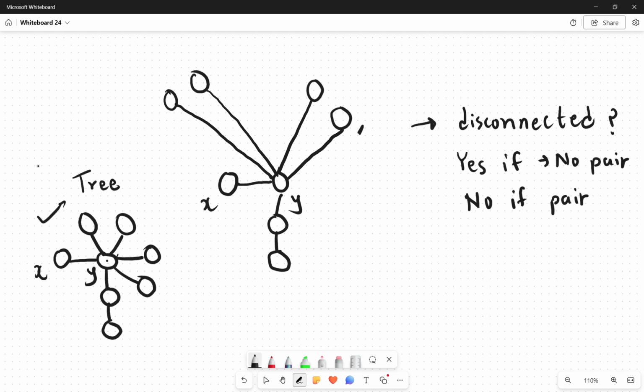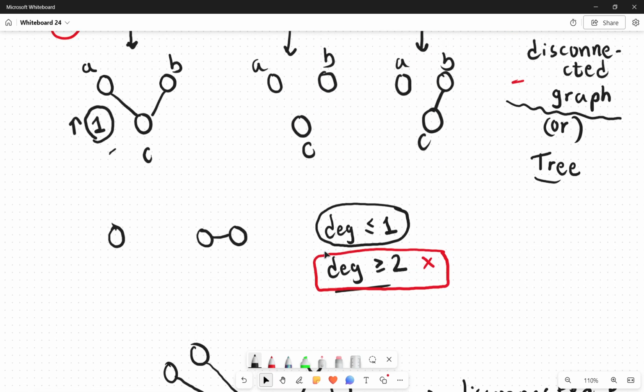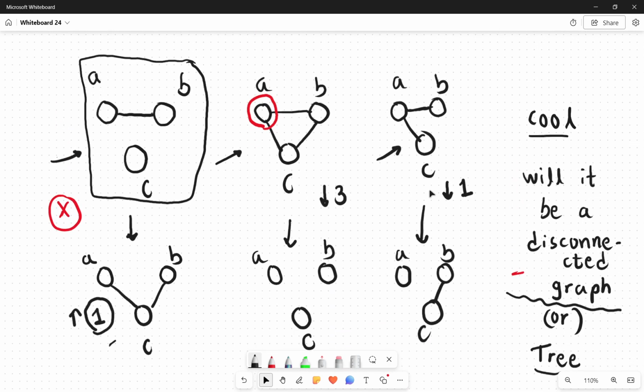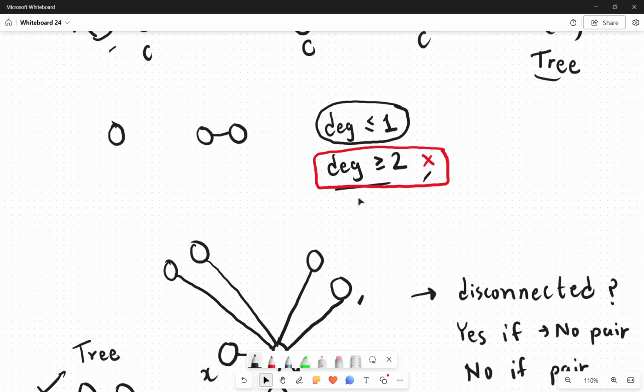So this is basically the procedure that we will follow, and what will be the number of operations that we will make? To perform step 1, which is to remove all the vertices with degree greater than or equal to 2, I notice that I am always decreasing the number of edges by at least 1, right? So here down by 3, here down by 1. So to complete the first step, the number of operations is less than or equal to m, right?